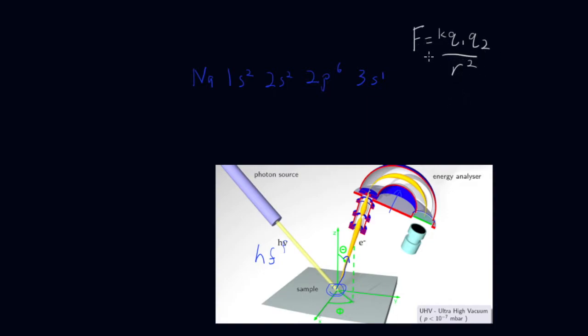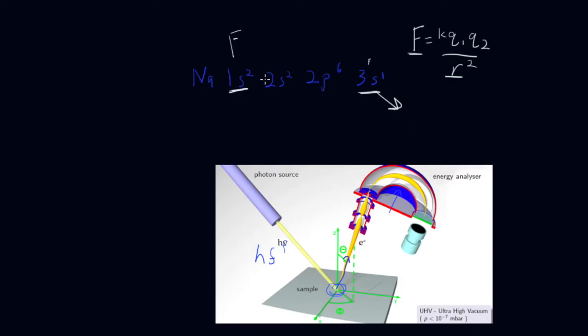Well, Coulomb's law says that the closer my electrons are, so this 1s2 is going to be my closest, the lower this radius is going to be, and thus the more force I'm going to have. So these are going to have the biggest force, where these out here, this 3s1, it's going to have a very tiny force.